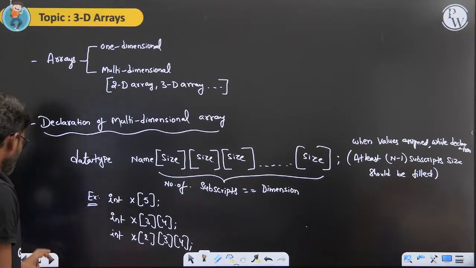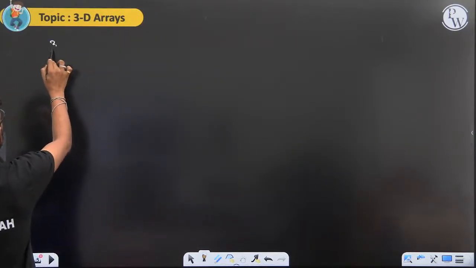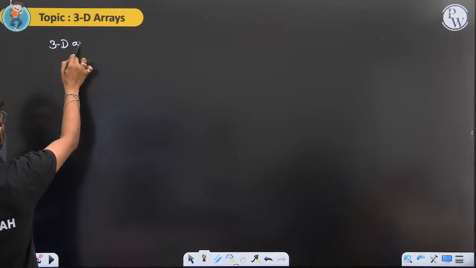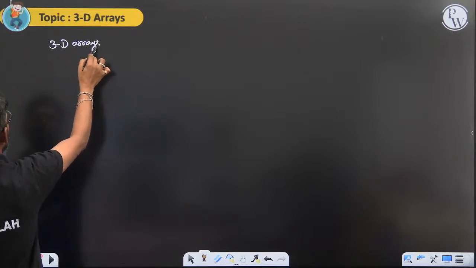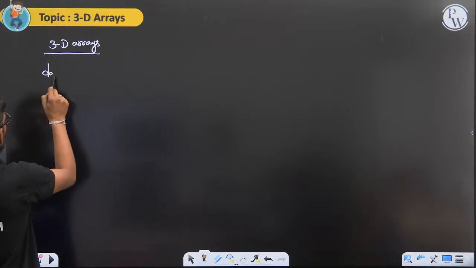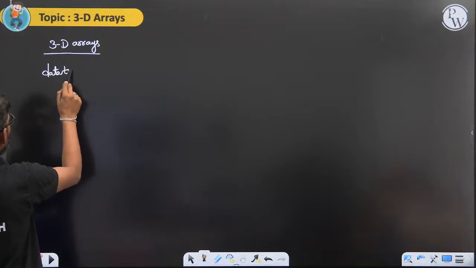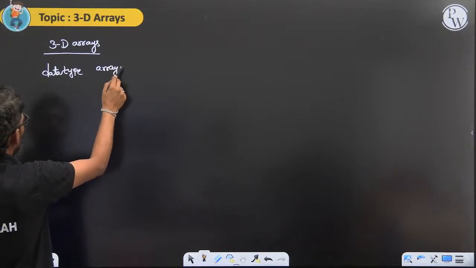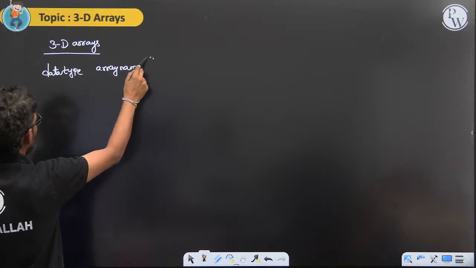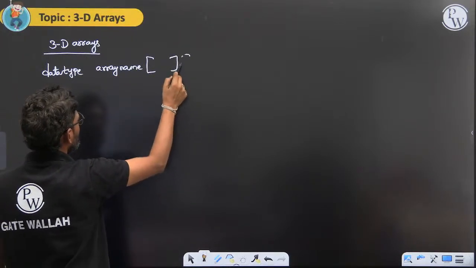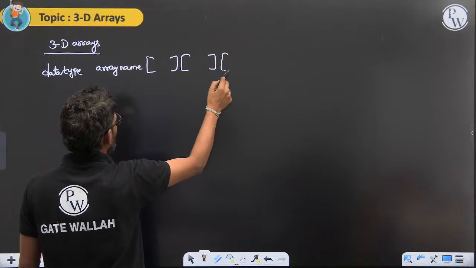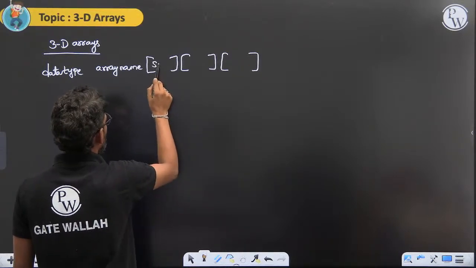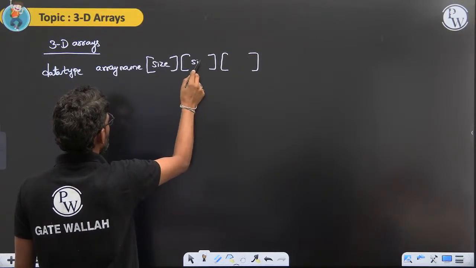So if we talk about just 3D arrays now, 3-dimensional arrays, obviously how you declare it? Data type, array name, followed by how many subscripts? 3 subscripts with size. Every subscript size you will be mentioning.